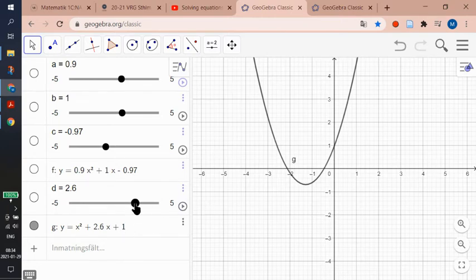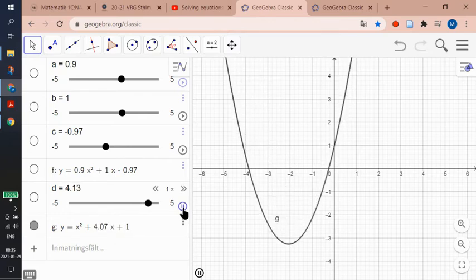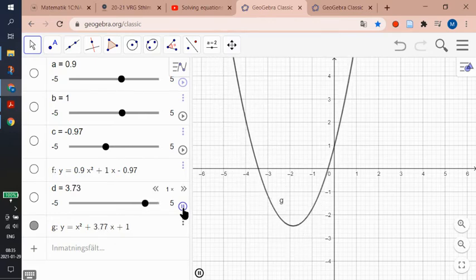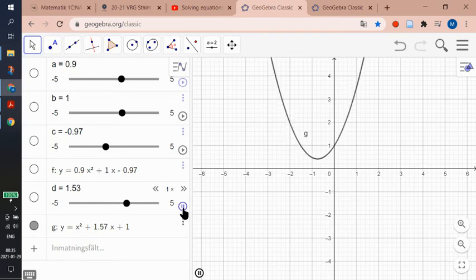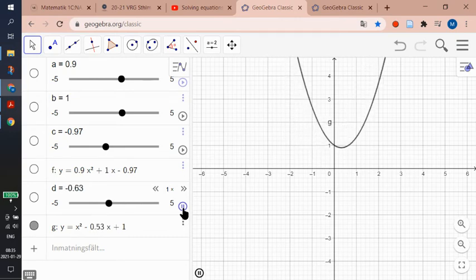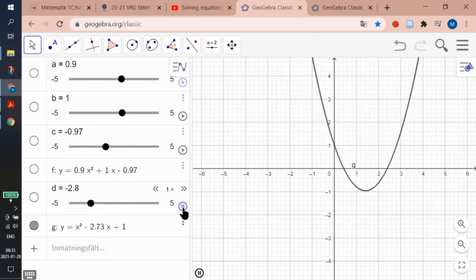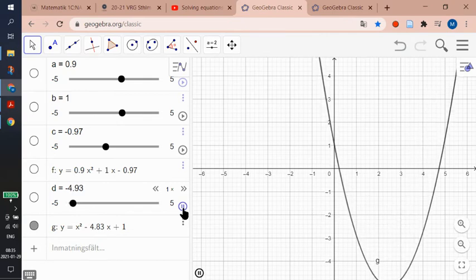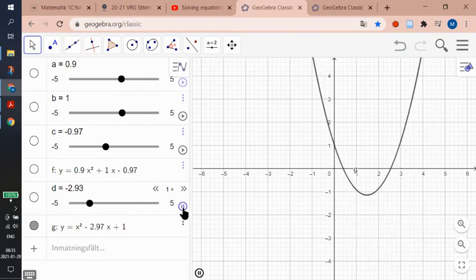I've actually just called it d for now, but we see that it's not such a straightforward pattern.